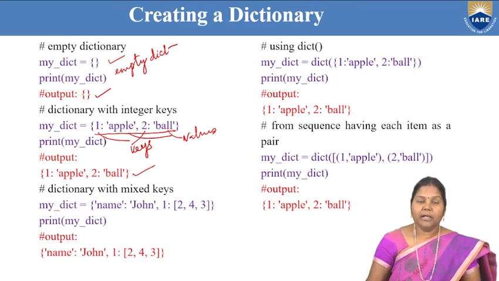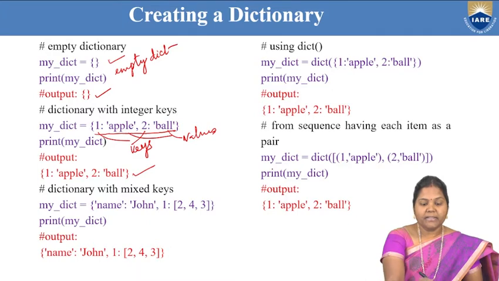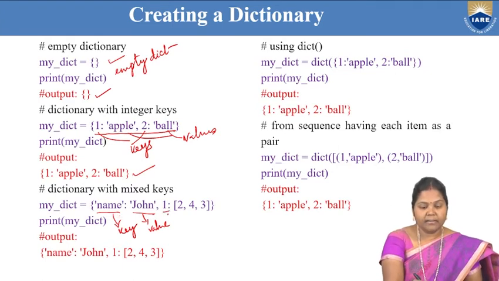Next, if you want to take mixed type of data for creating the dictionary, that is also possible. Here you can see that name is John, name is a key over here, and John is the value. As the keys can be immutable type, strings can be taken, and here this is a numeric type, so this can also be taken as a key, and a set of values are taken as a list of values.